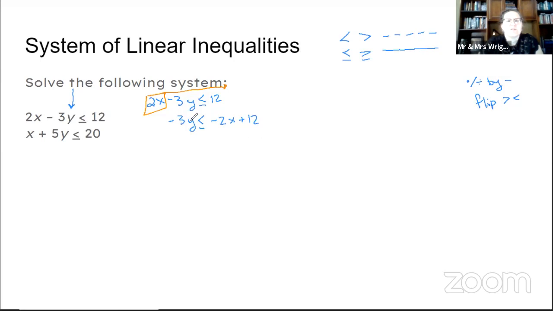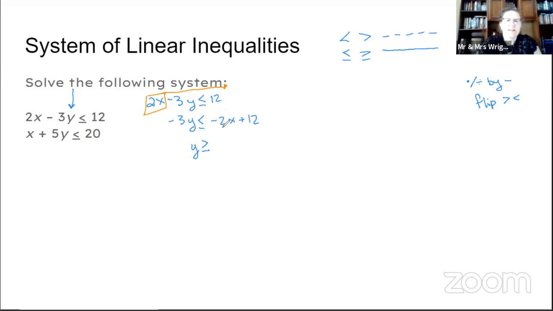Now, in order to get this y by itself, we have to undo what's being done to the y. What's being done to the y is being multiplied by a negative 3. So now we're going to either multiply or divide. But are we doing it with a negative? Yes, we are. So let's go ahead and flip that sign so we don't forget. We're going to divide by a negative 3 on both sides. And y divided by negative 3 becomes just y, because the negative 3 will disappear.